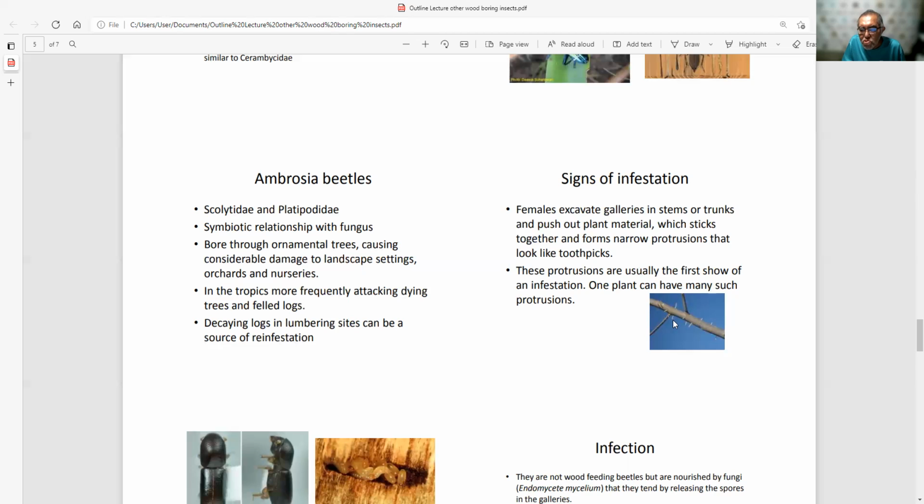It protrudes out, terkeluar, membentuk macam colek gigi. These protrusions are usually the first sign of infestation. One plant can have many such protrusions. So if you see such a condition, that is an indication of infestation by Ambrosia beetle.